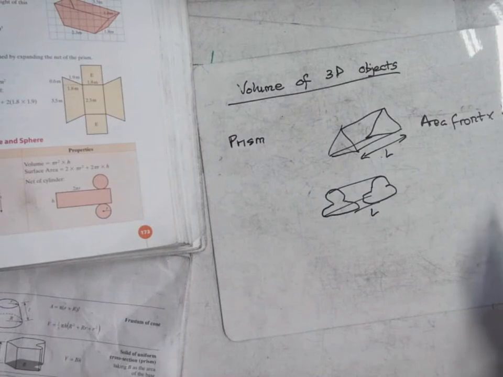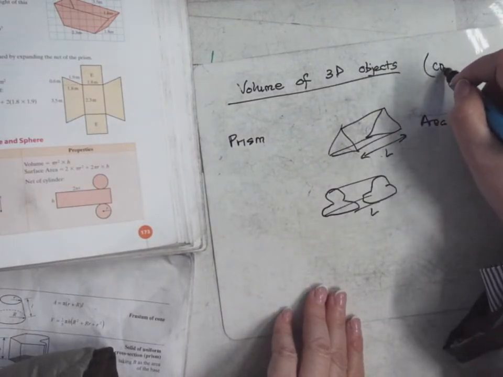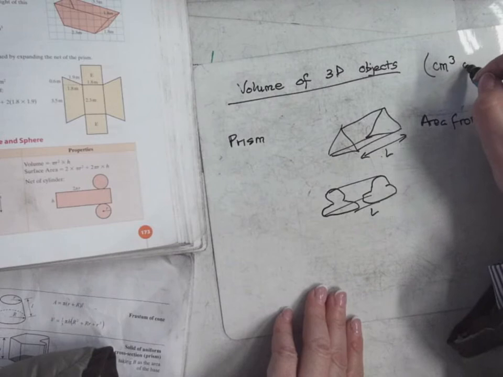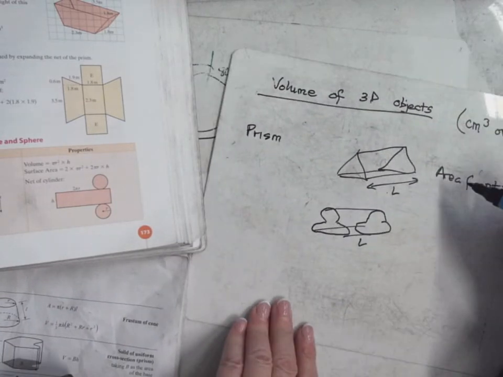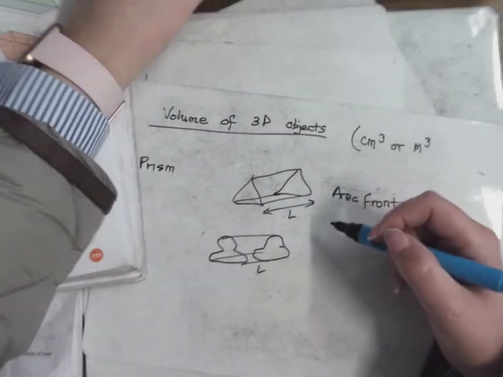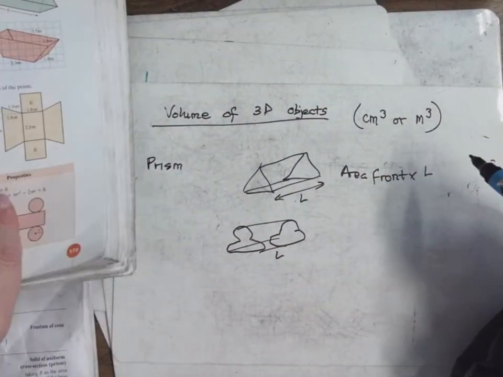Do you all remember what a prism is? It's on the Junior Cert course. And remember, girls, volume is measured in cm cubed or meters cubed. Is that alright?